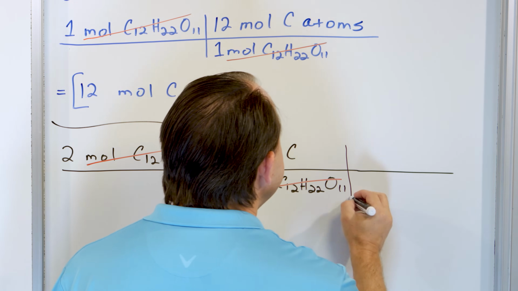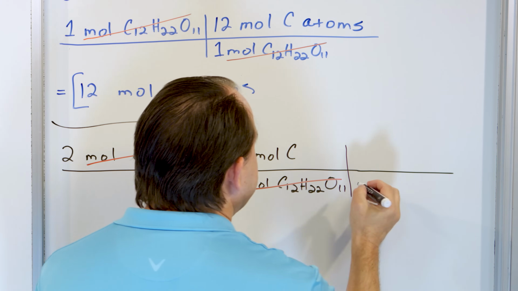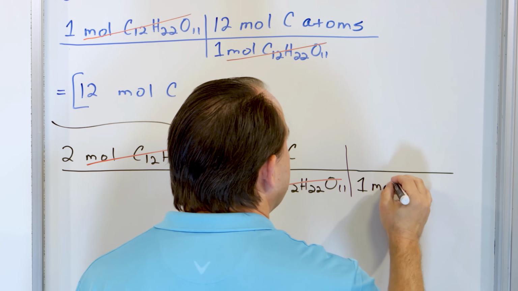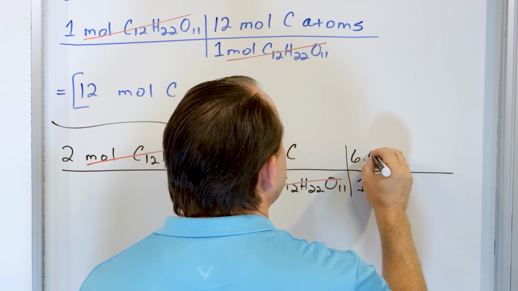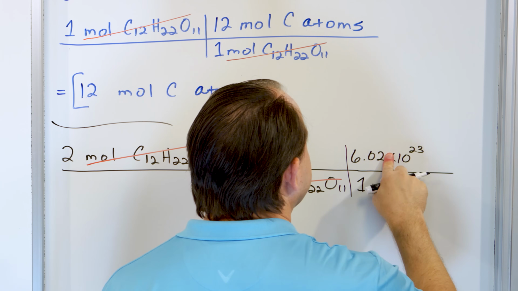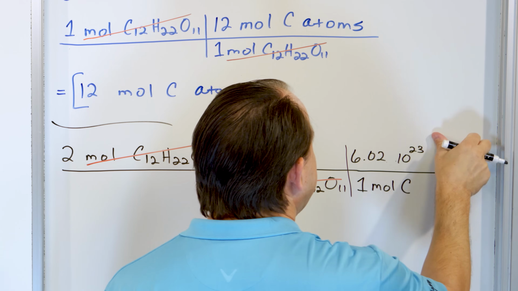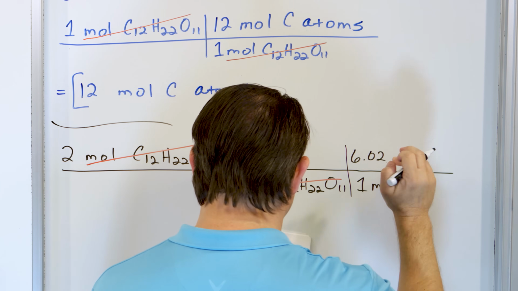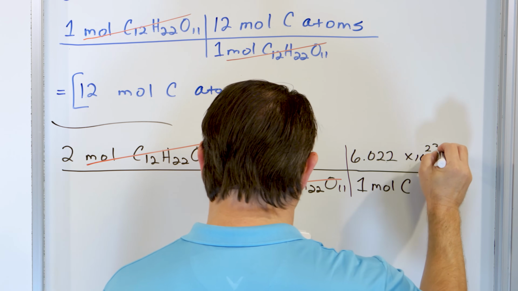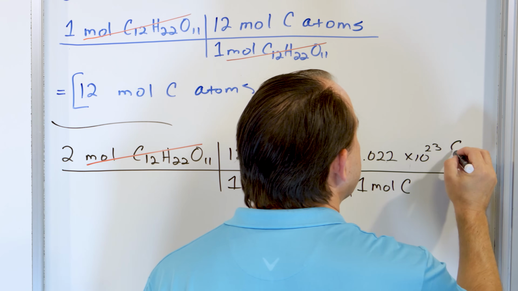So I have to continue the unit conversion, and because I want to cancel the moles, I know that 1 mole of carbon is 6.02 times 10 to the 23rd. In my notes I usually carry an extra decimal, so 6.022 times 10 to the 23rd carbon atoms.